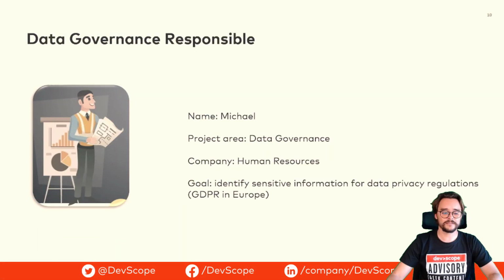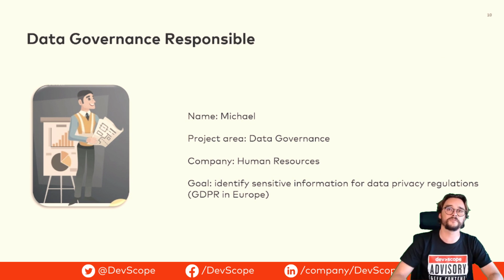The second case that I've selected is a data governance responsible. Someone, for example, from human resources, whose goal is to look for sensitive information for data privacy regulations, for example, GDPR in Europe.